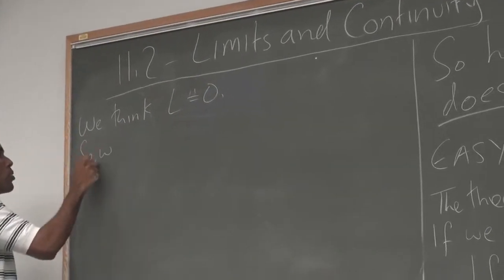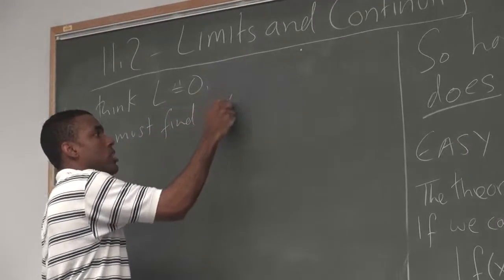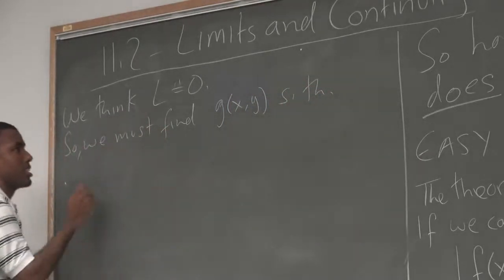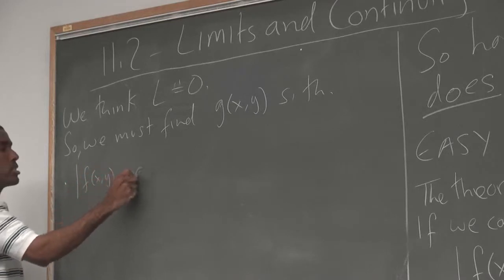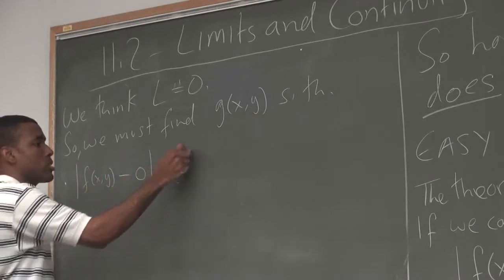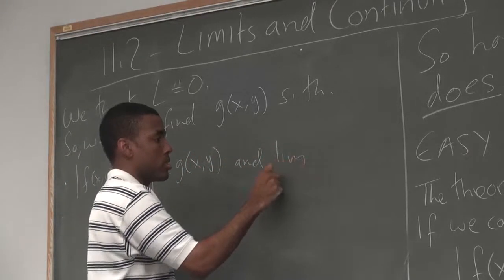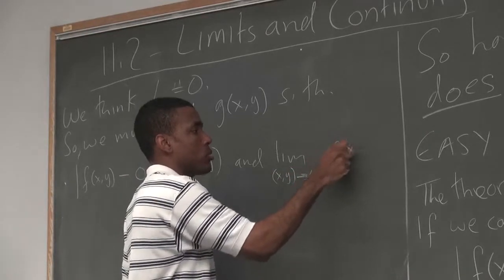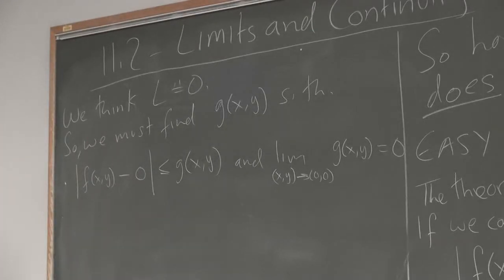So we must find g of (x, y) such that the absolute value of f of (x, y) minus 0 is less than g of (x, y), and the limit as (x, y) approaches (0, 0) of g of (x, y) gives me 0, right? That's what I have to find. I need to find such a function.